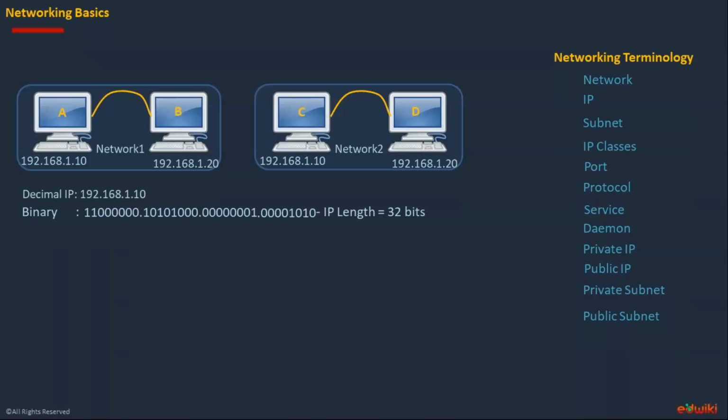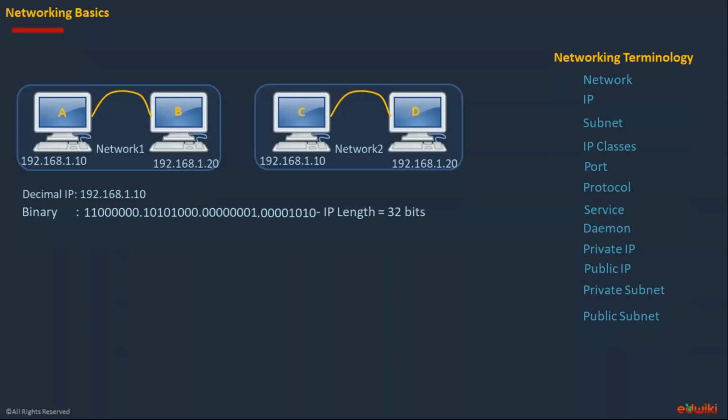So the answer is that it is valid to give the same IP address to multiple servers as long as the servers do not fall into the same network. Here, A and B belong to one network, and C and D belong to another network. A and B are not communicating with C and D. So why should I worry if C has the same IP number?